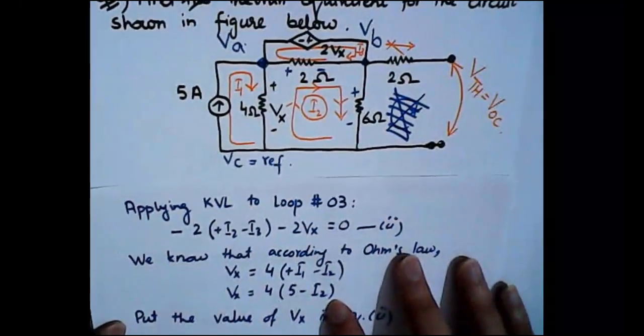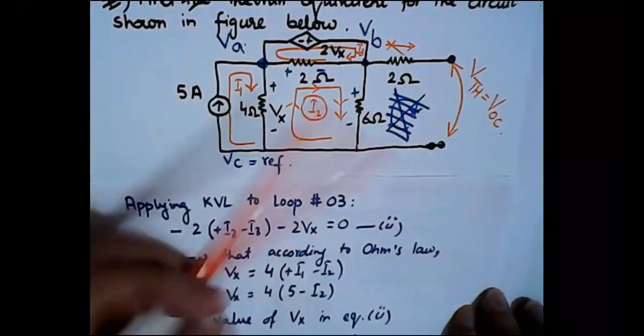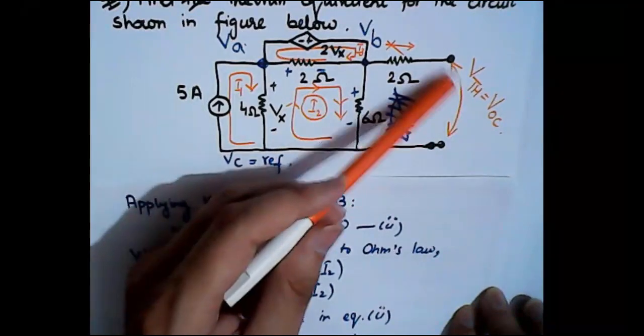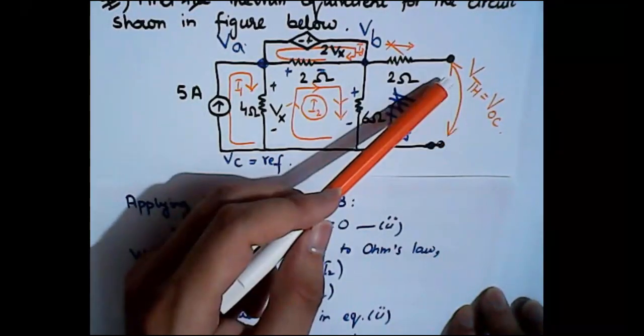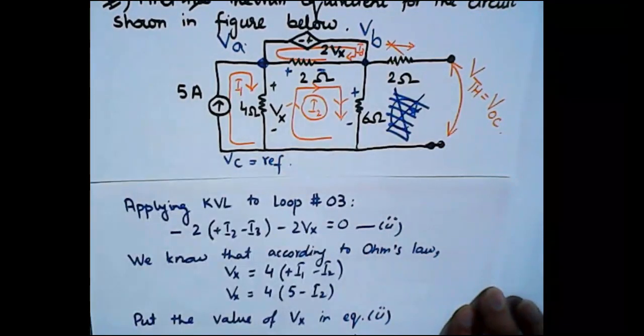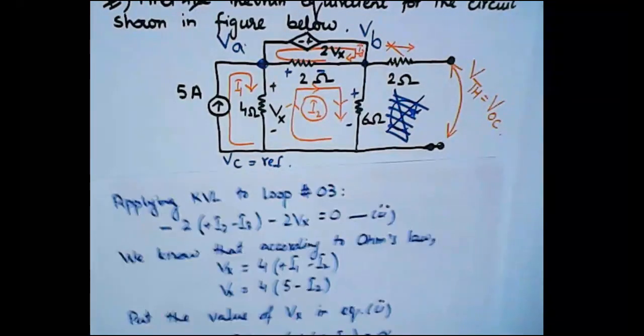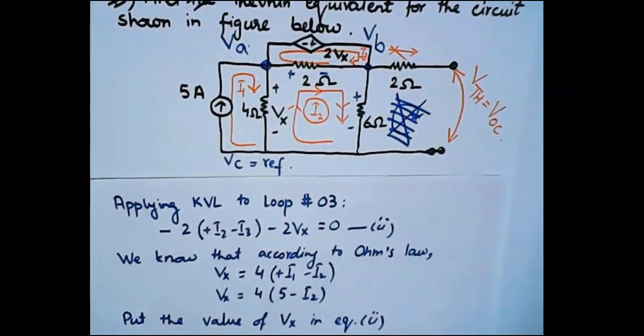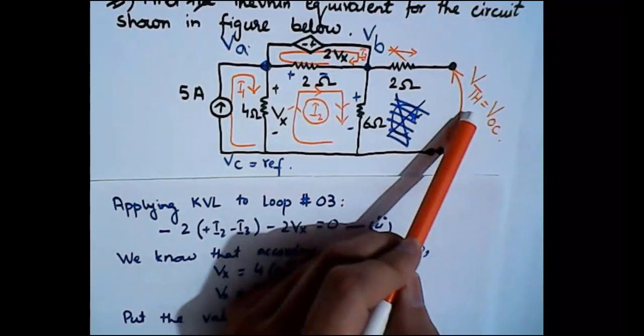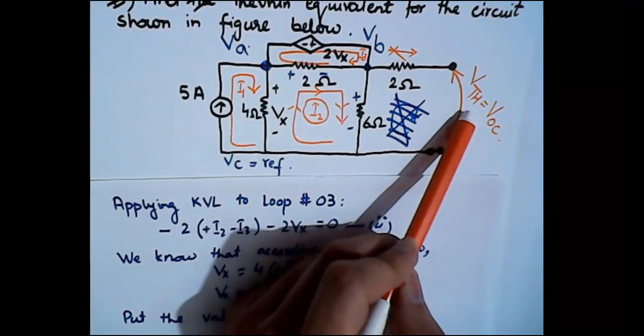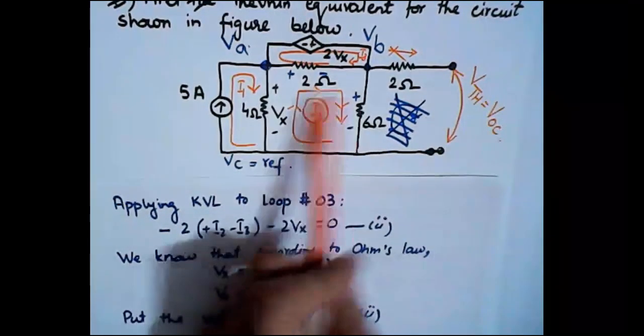When you analyze it, you can see that VThevenin is basically the open circuit voltage, and we need to express this VThevenin in terms of the mesh currents.